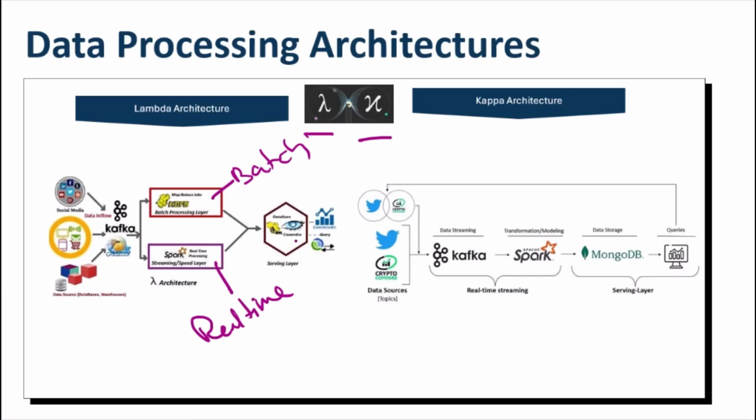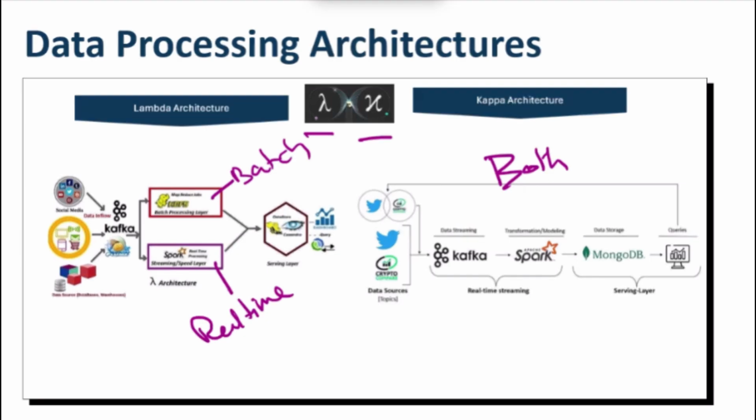This allows you to get immediate insights from real-time data while still being able to process a large batch of historical data. The Kappa architecture simplifies this by using a single stream processing engine for both real-time and historical data processing. This eliminates the need to manage two separate pipelines, making the system easier to maintain and ensuring the data is always processed in real time.